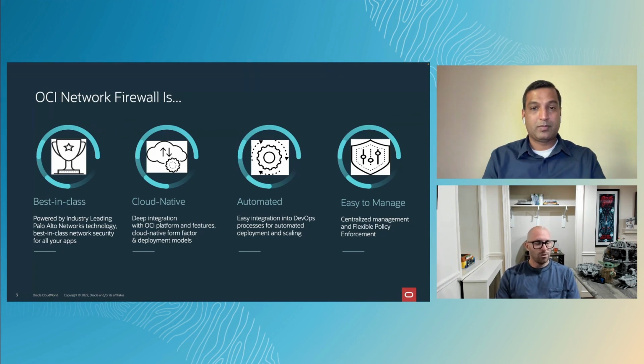It's built under the hood using cloud-native methodology and has integrations with our existing OCI services. This makes this service extremely flexible, scalable, and elastic in the way it can be deployed and how features are supported. It's automated using programmatic interfaces, so you can use APIs as well as Terraform.